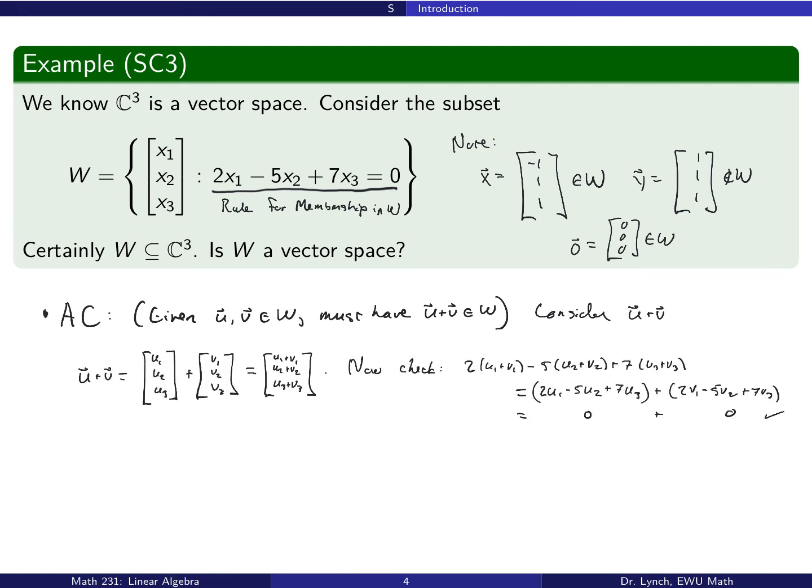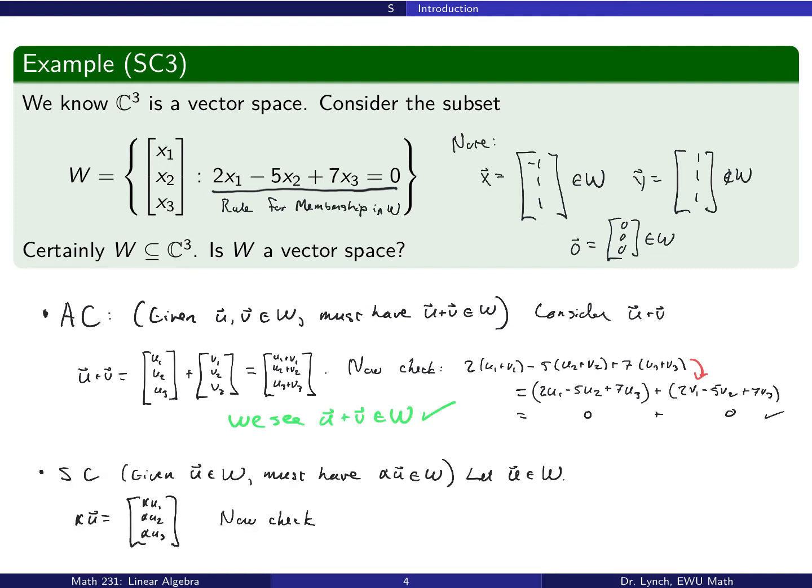When we look at 2 times the first element of the sum, minus 5 times the second element of the sum, plus 7 times the third element of the sum, that value can be rewritten using properties of addition over the complex numbers as 2u1 minus 5u2 plus 7u3, which we know is 0, and 2v1 minus 5v2 plus 7v3, which we also know is 0. So we see therefore that the sum u plus v is also an element of W.